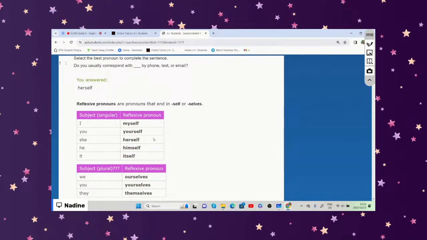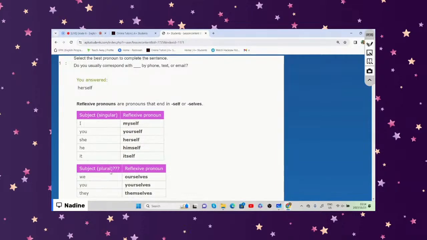Then if we have a plural subject referring to more than one person or thing, for our plural subject we, our reflexive pronoun is ourselves. Our plural subject you is yourselves.